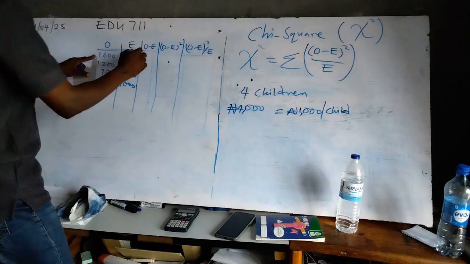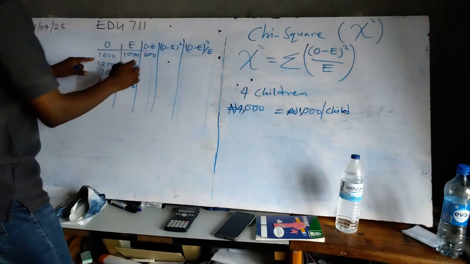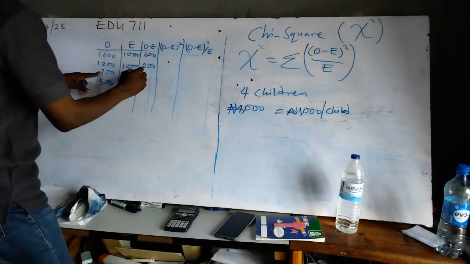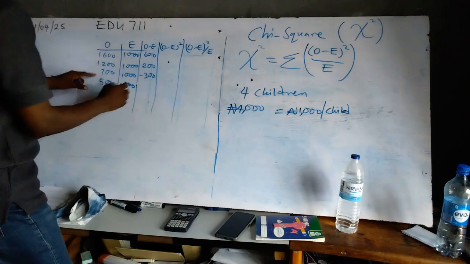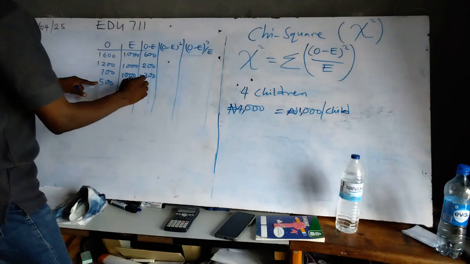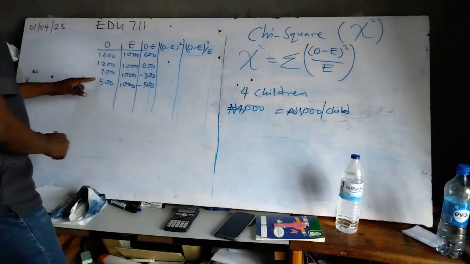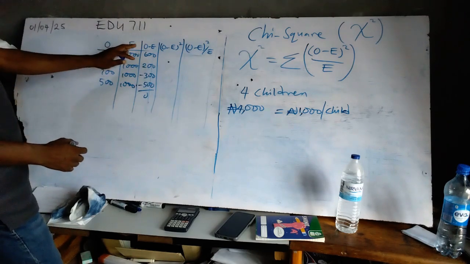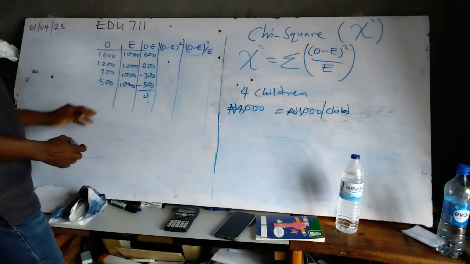So this minus this 600, this minus this 200, this minus this minus 300, this minus this minus 500. By the time you total this, you must get 0, especially for the simpler form like this.